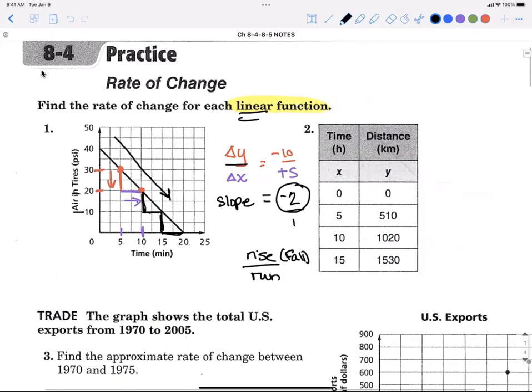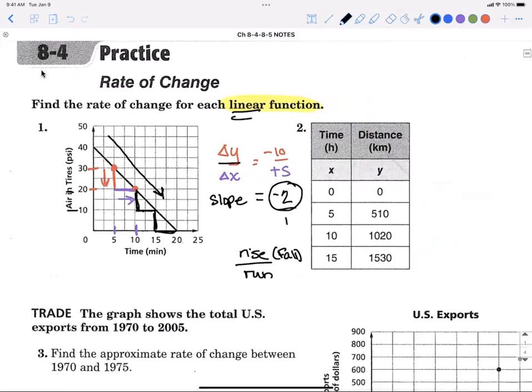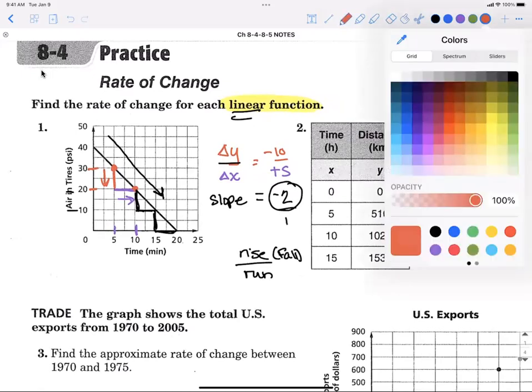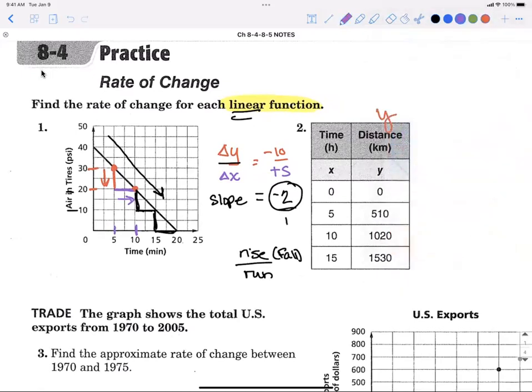All right, let's find our rate of change for this table over here. Now remember, these are my Y's, right? It says so right here. These are my Y's and these are my X's. So first I want to look at the change in my Y's, right? The change here. Well, it's plus 510.